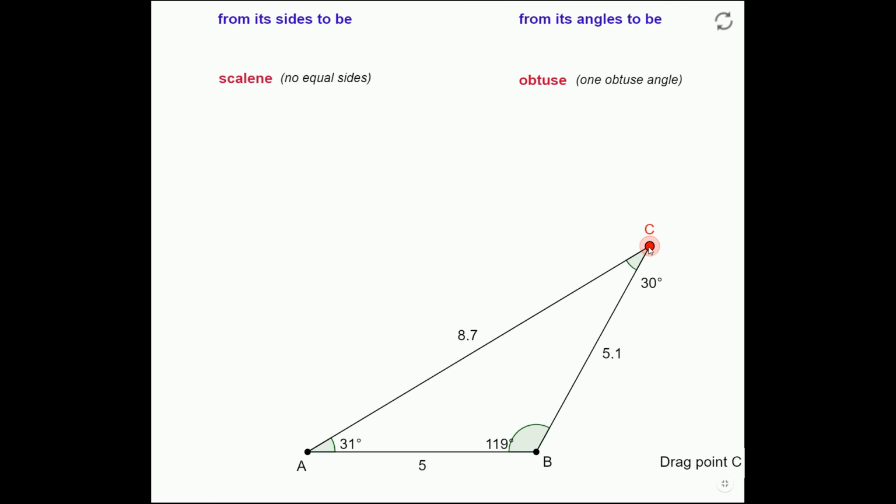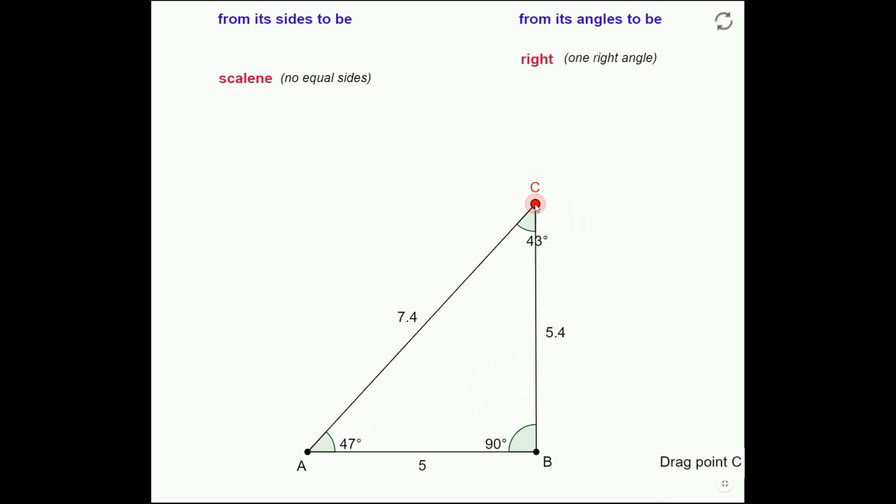And here, in this isosceles triangle of main vertex B, also the two angles at the base were equal to 31 degrees each. So the two angles at the base in an isosceles triangle are always equal.